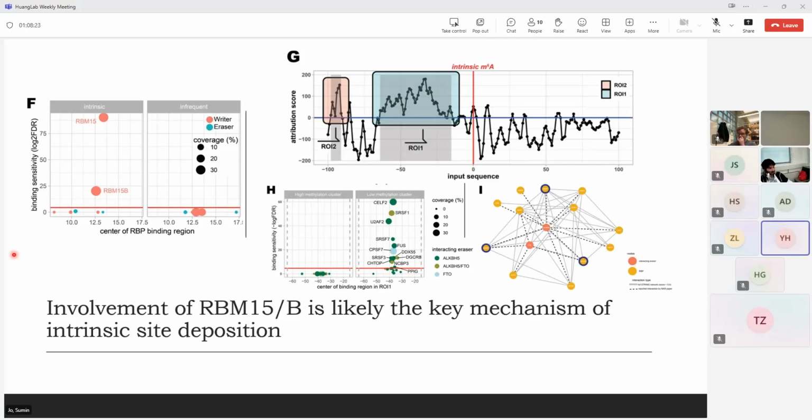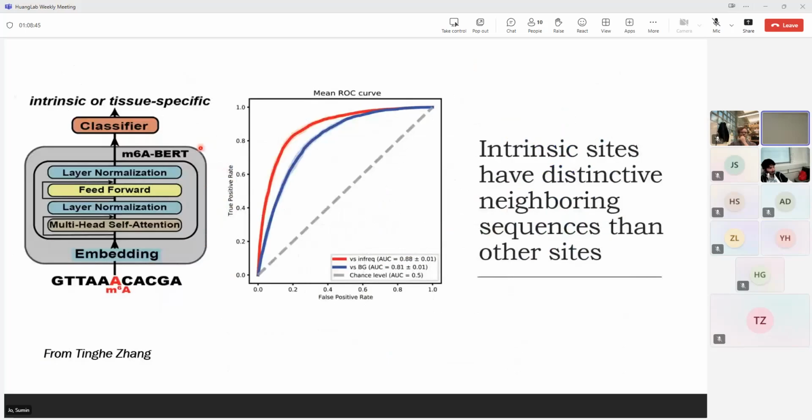So I think here you need to show that classification performance, just to support that indeed the nucleotide content up and downstream of M6A associated with intrinsic sites are significantly different. Right? Yeah, so the classification performance is what? Yeah. Okay. So you have like a 70 something, right? Okay. So suggesting there's a significant difference.